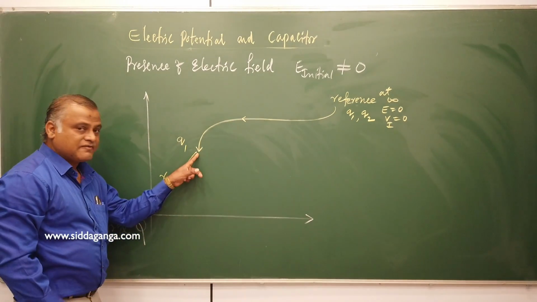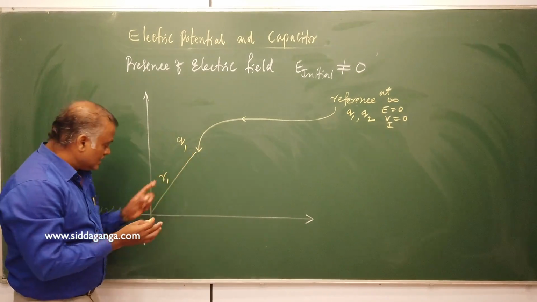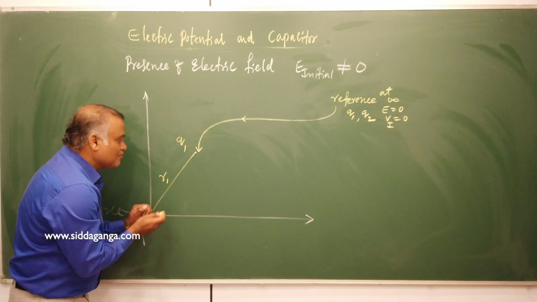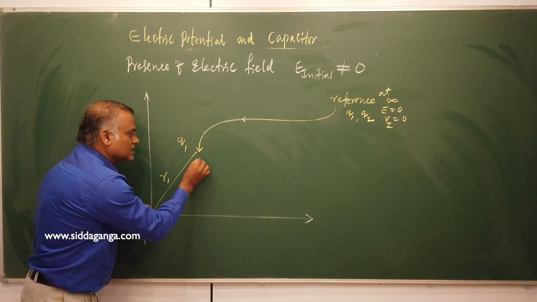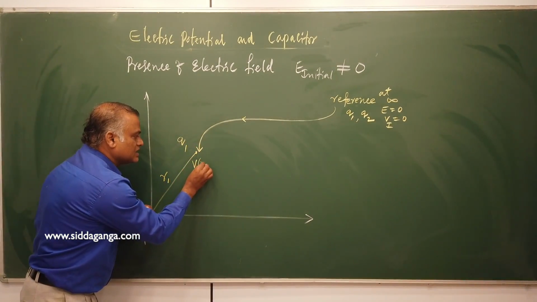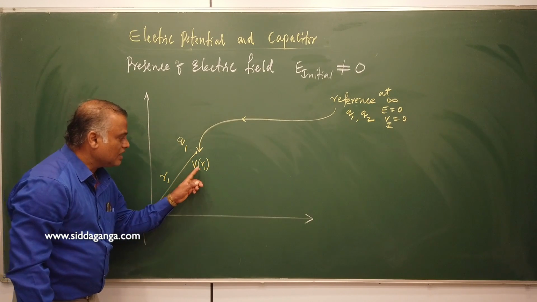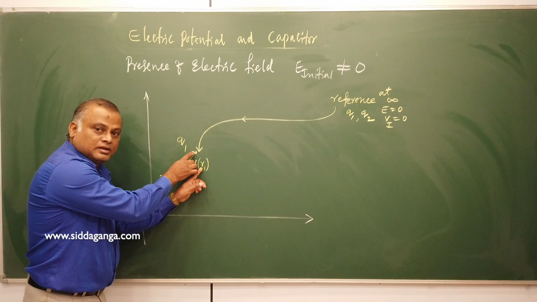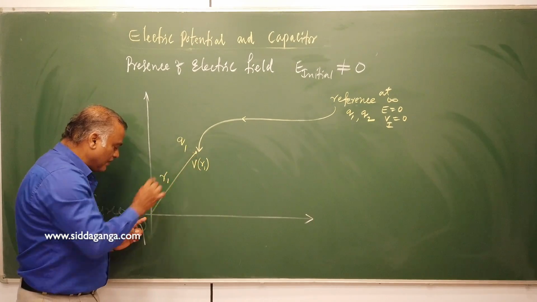Now is this electric field zero? No. This source charge will produce some potential at the point. Let us call this the potential at a distance r1, V of r1, the potential at this point at a distance r1 from Q.